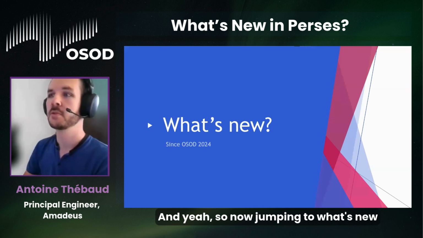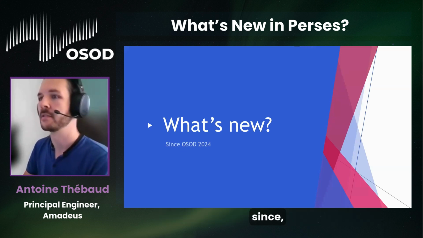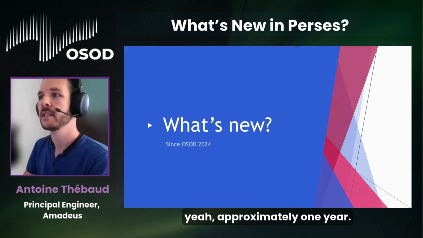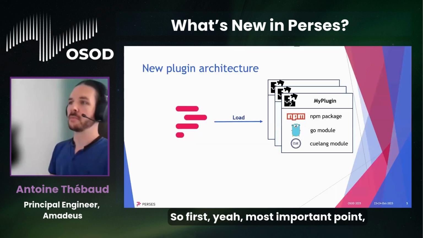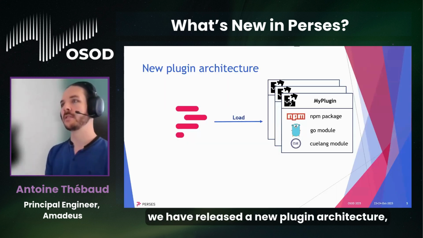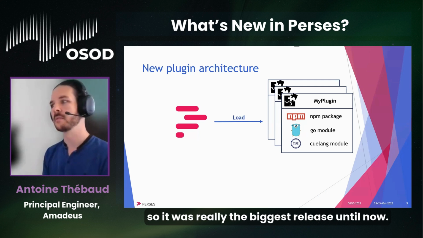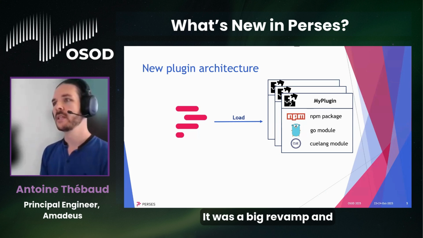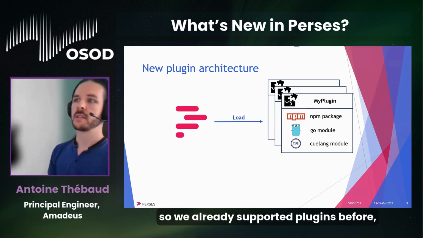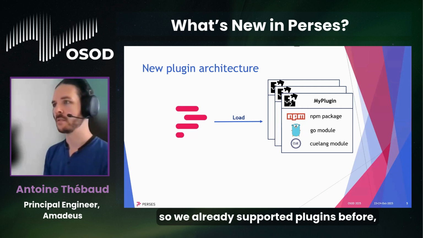Now, jumping to what's new since approximately one year ago. First, most important point, we have released a new plugin architecture. It was really our biggest release until now, a big revamp. We already supported plugins before.